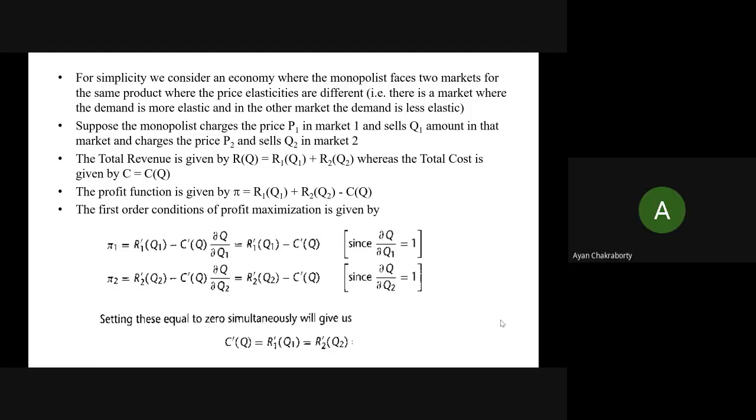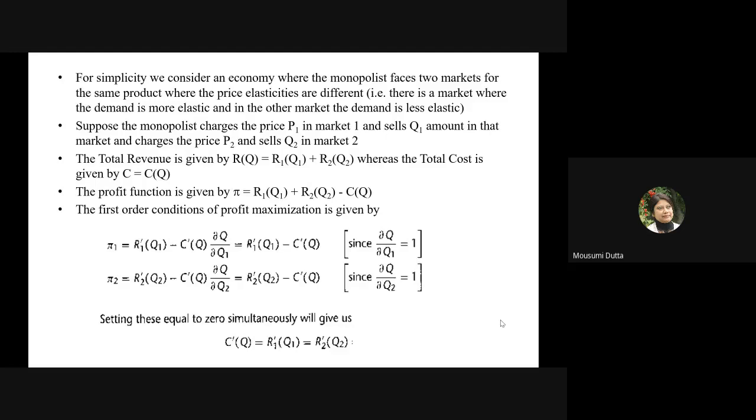Ma'am, firstly, when we derive the condition MR is equal to MC in monopoly, we considered the revenue and cost function individually. That is, pi is equal to say R1Q minus C1Q, and then we derive that MR is equal to MC in monopoly. And similarly, here I have a unique profit equation pi.